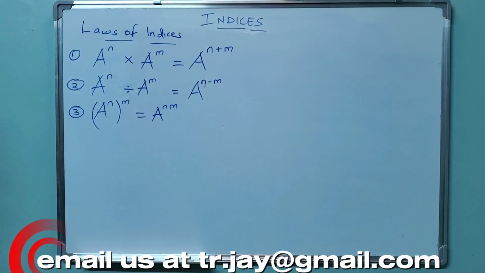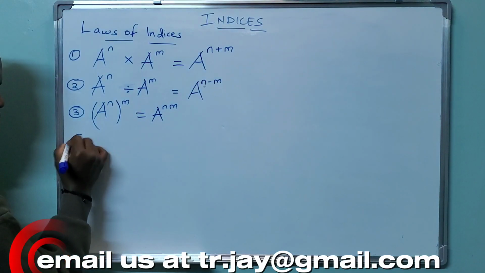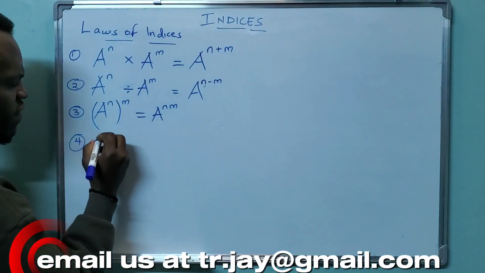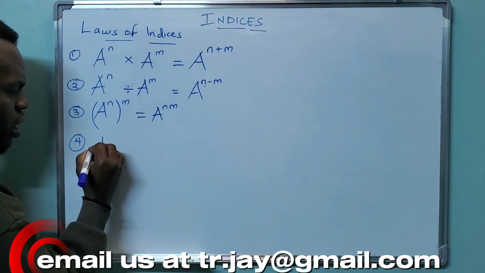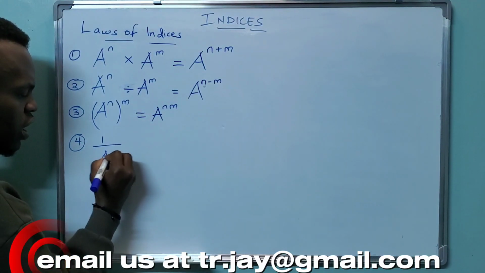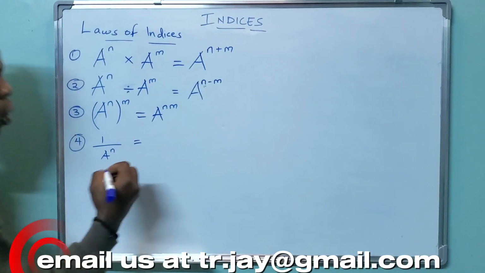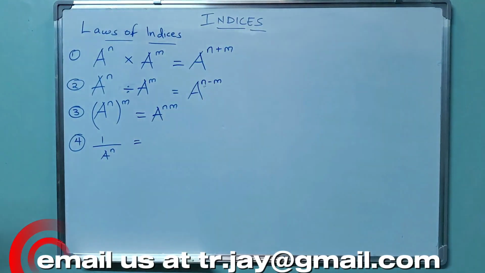We have another law, that is law number 4, and this one is in relation to inverse. Suppose I've been given an index 1 over a raised to power n. What am I going to have? Whenever you have 1 over a raised to power n, the power is going to be reciprocated.